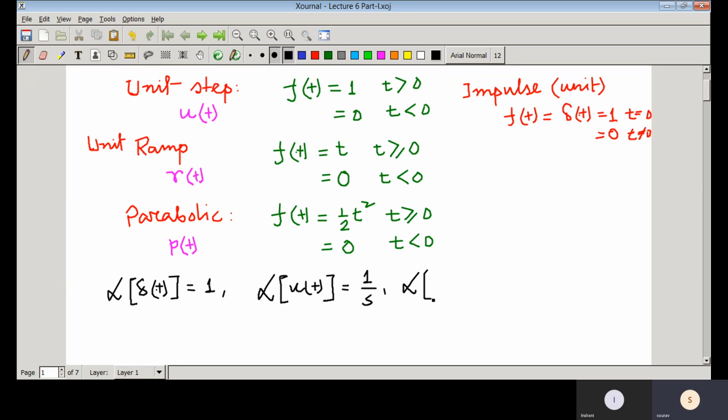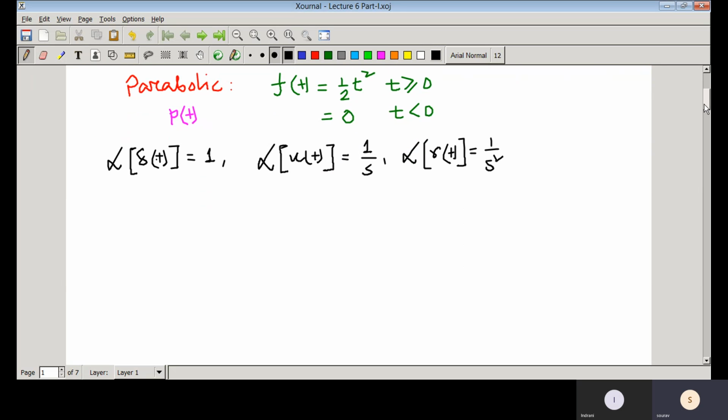Then the Laplace transform of the unit ramp function is 1 by s square. Again, this L is the Laplace operator, and the Laplace transform of p(t) equals 1 by s cube.